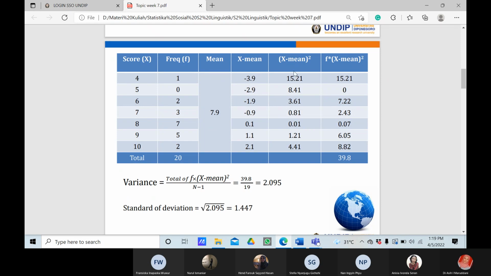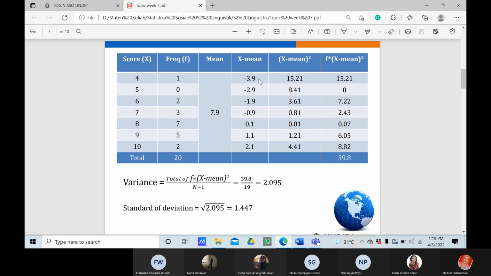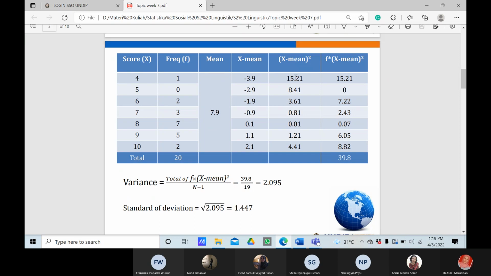Then we add again a column to calculate the score minus mean, and you have to square the value. This column will be the square of the column on the left. From the first row, you calculate minus 3.9. You have to square it, and you have 15.21.